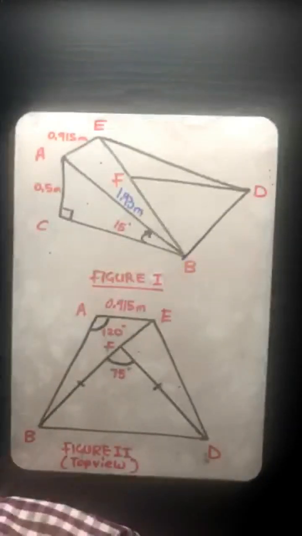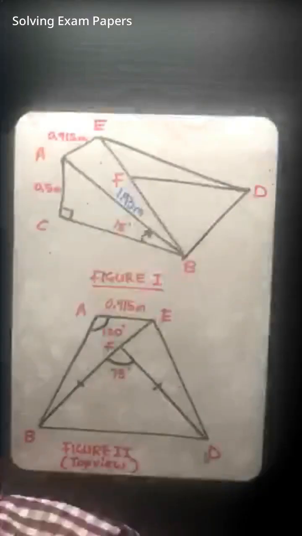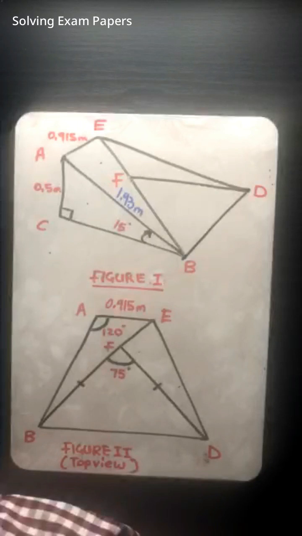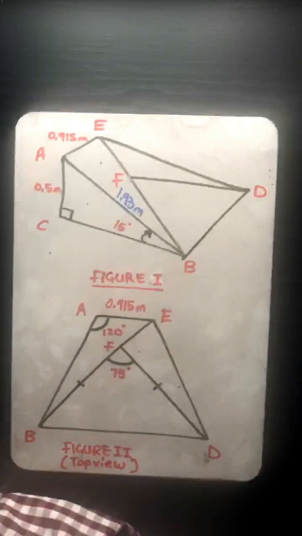Hey, but wait, honorable member. Why the cosine rule when we have the formula for calculating the distance? So I find it easy because I've got an angle and two sides, and the angle is between the two sides, so I find it easy to use the cos rule.